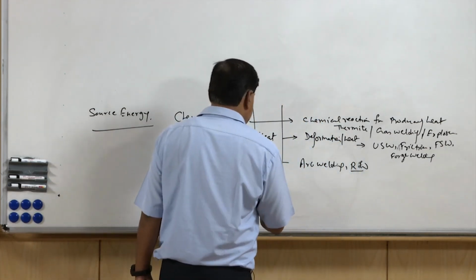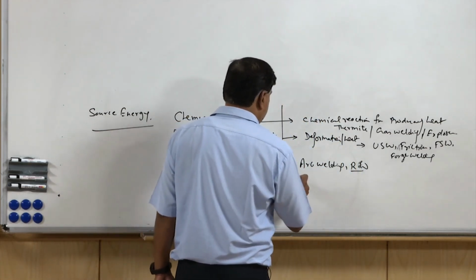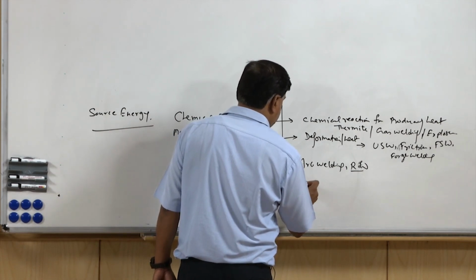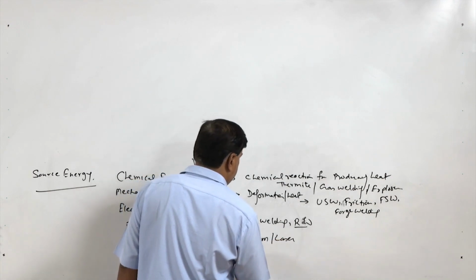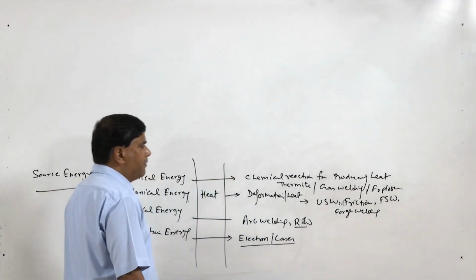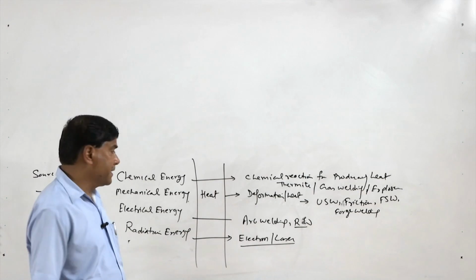And then radiation based processes, where either the electron beam or the laser beam is used for generating the heat for the purpose of melting the faying surfaces.